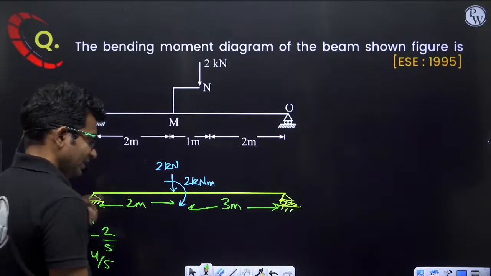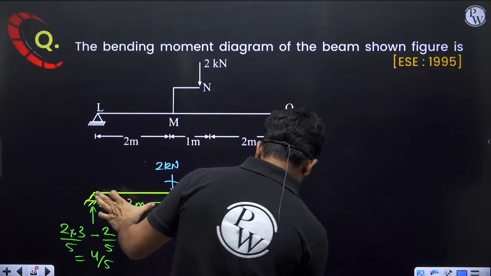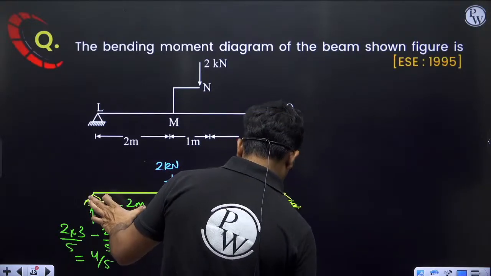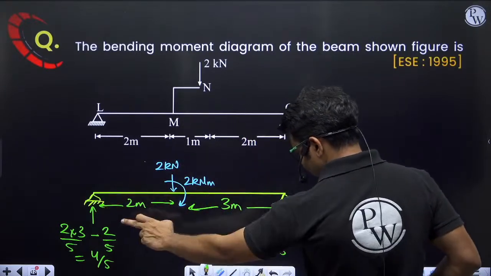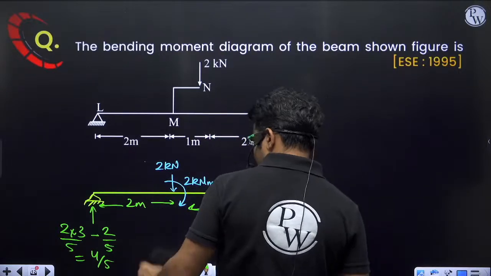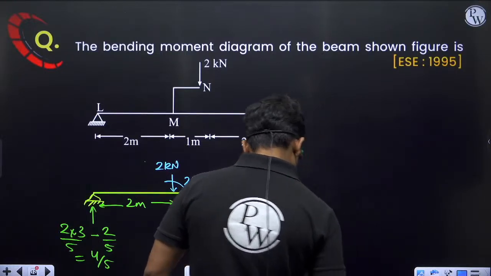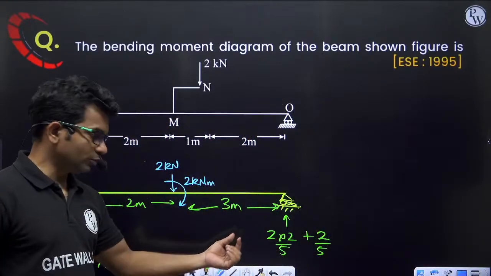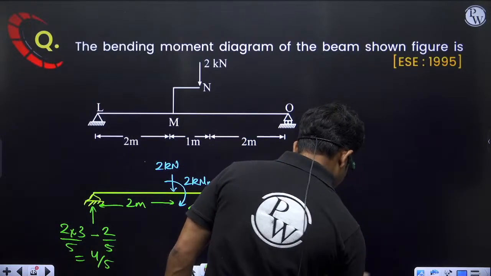And here the support reaction will be 2 into 2 by 5 minus M by L. No, it will be plus 2 by 5. So 2 2s are 4, 4 plus 2 is 6, so this will be 6 by 5.